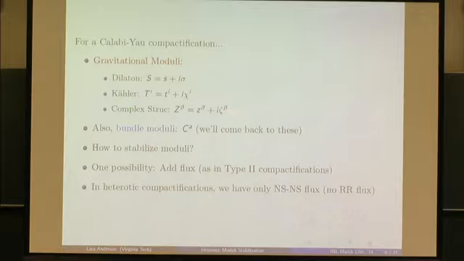Some of the most problematic moduli, the dilaton and the complex structure, we've heard about adding flux, as Roberto talked about, and hoping that you have some sort of controlled back reaction so you can keep the Calabi-Yau compactification to some order and watch these moduli be stabilized. The problem, as I'm going to discuss in detail for a second, is that you have only one type of flux in heterotic.